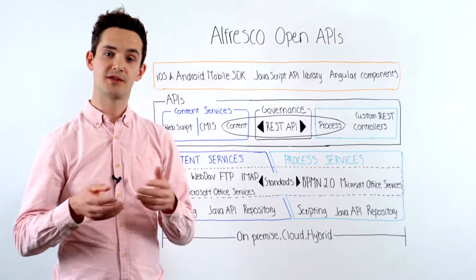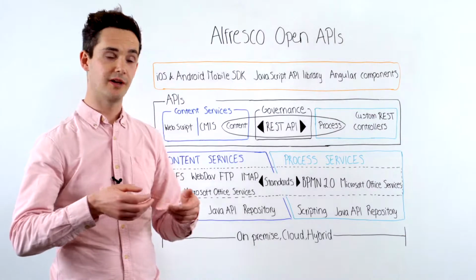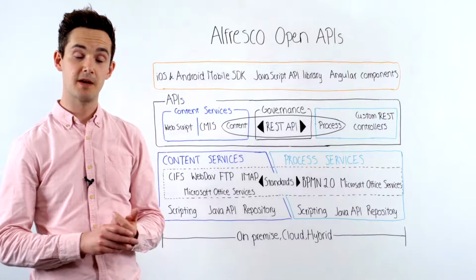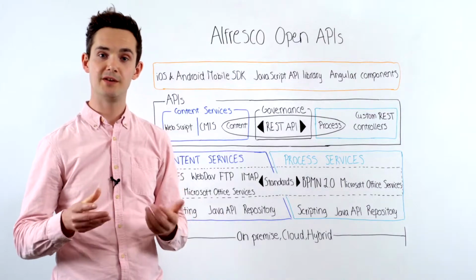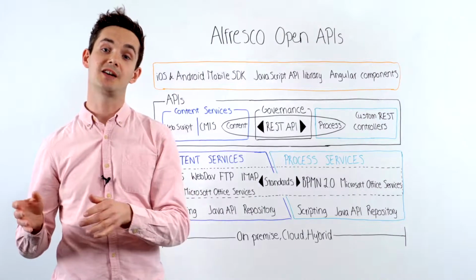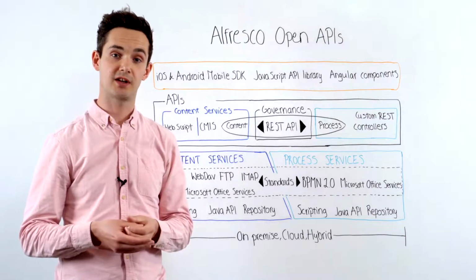Understanding BPMN is also quite important when it comes to extending the core underlying services within Process Services. So for instance, BPMN defines events and tasks as key parts of the specification.